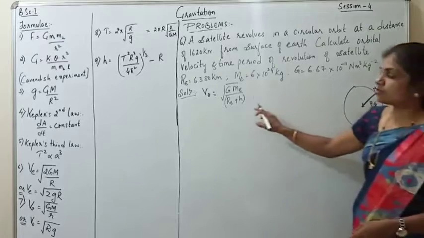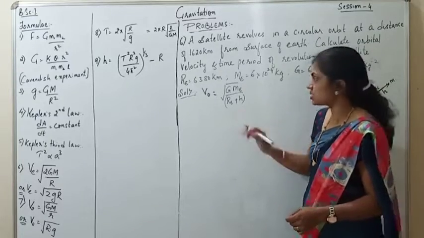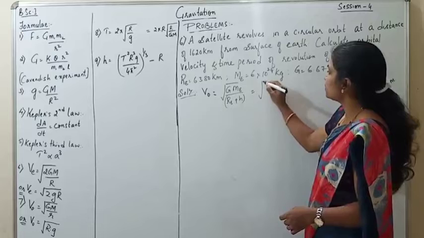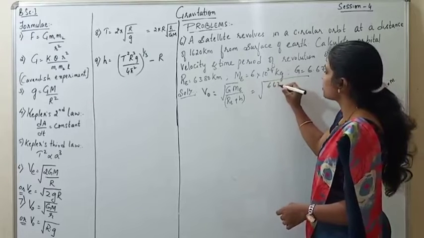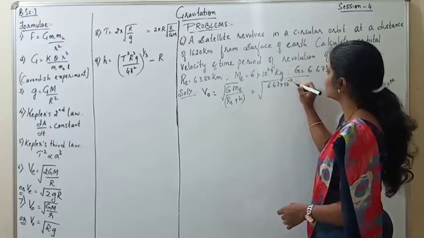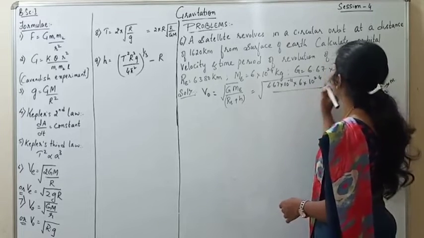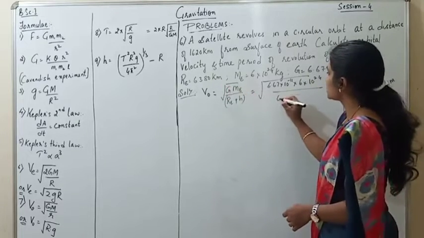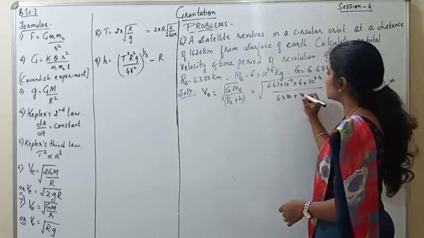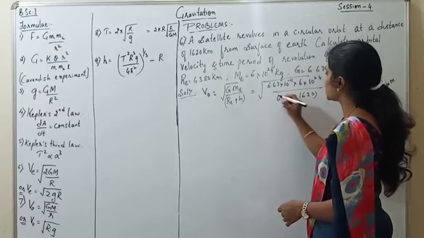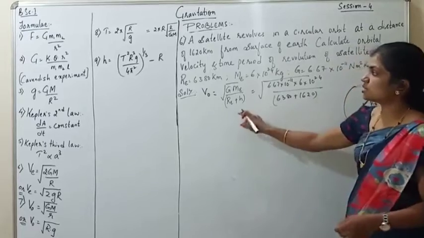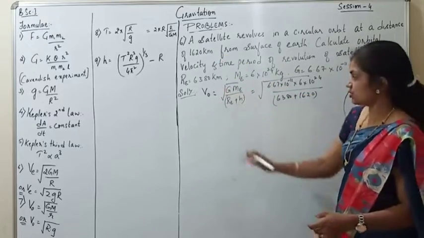So I'm going to substitute it like this. We have square root of 6.67 into 10 raised to minus 11 into 6 into 10 raised to 24, divided by, what is Re? 6380 plus 1620. I'll keep it like that because both are in kilometer.